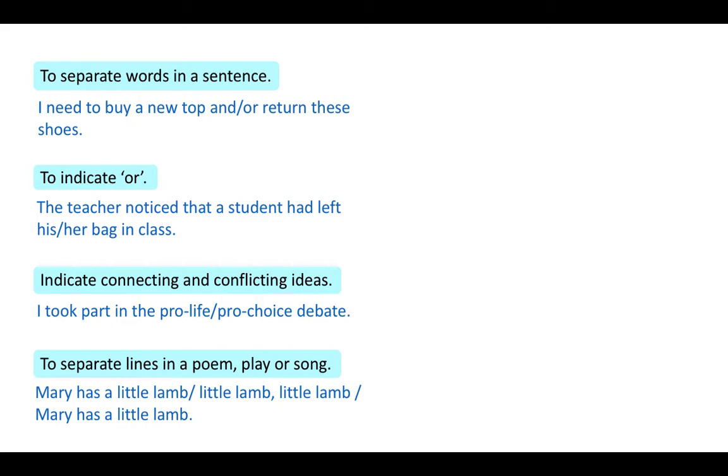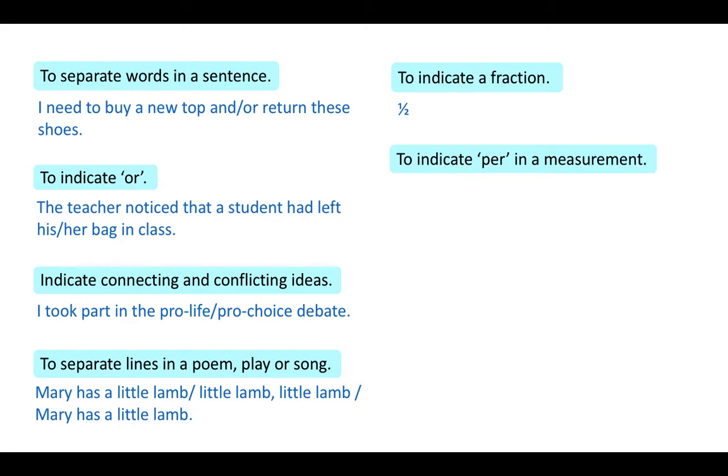An example of a slash used to indicate a fraction is half, 1/2. An example of the slash used to indicate "per" in a measurement is, he was paying £1,000/month.